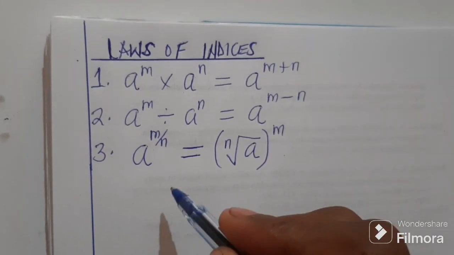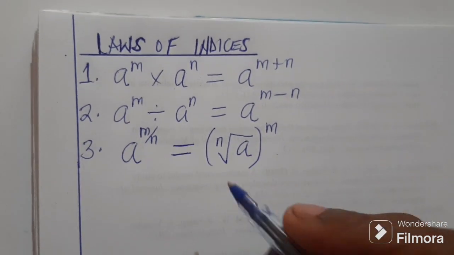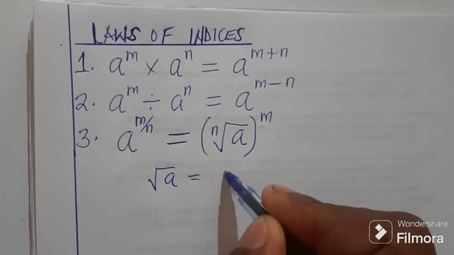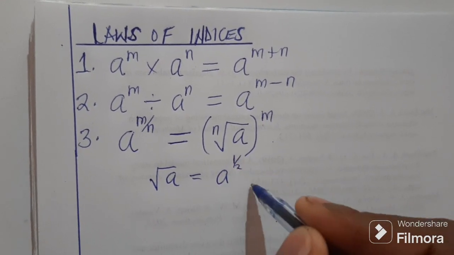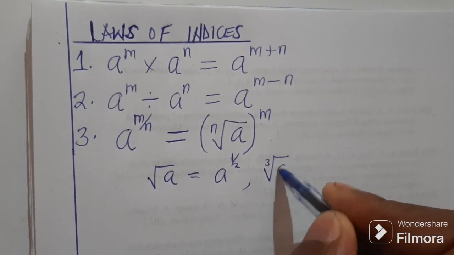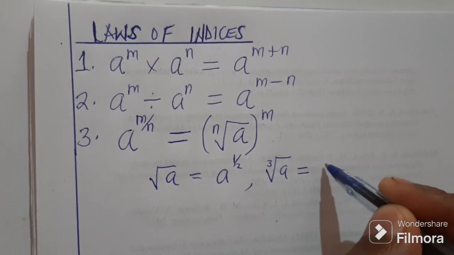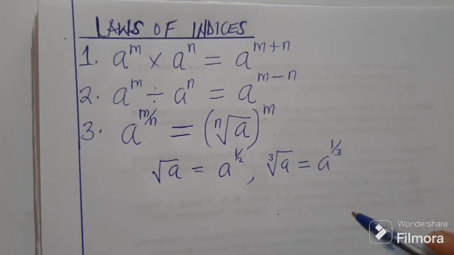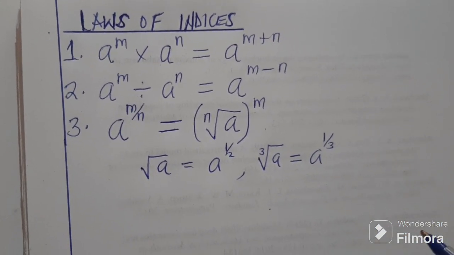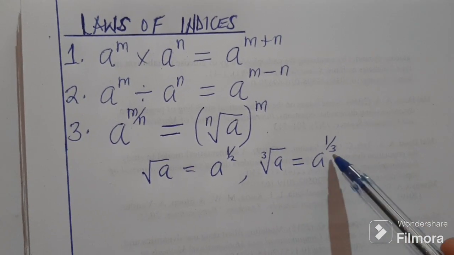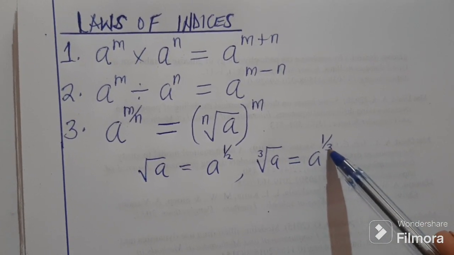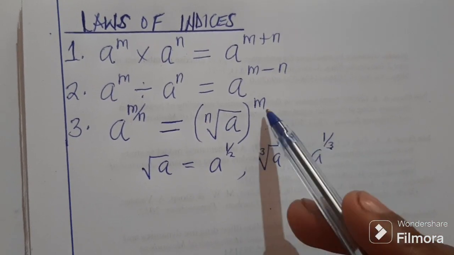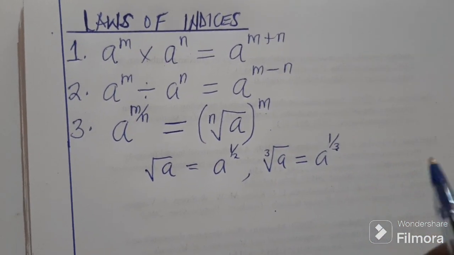For instance, the square root of a number A is the same as A power half. The cube root of a number A is the same as A power a third. The fourth root goes in a similar way. Here, the denominator represents the root, and the numerator represents the power.